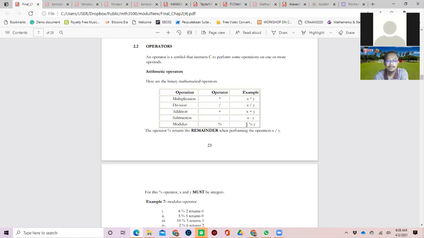What I mean by modulus, or percent, in C is that we call it the remainder. For example, x modulus y. 3 modulus 2: 3 divided by 2, the remainder is 1.